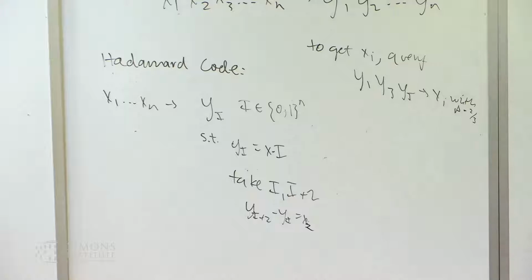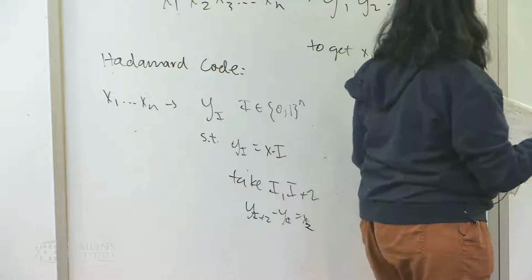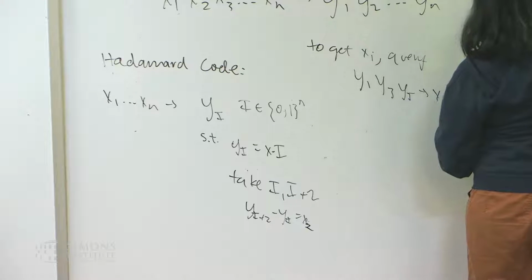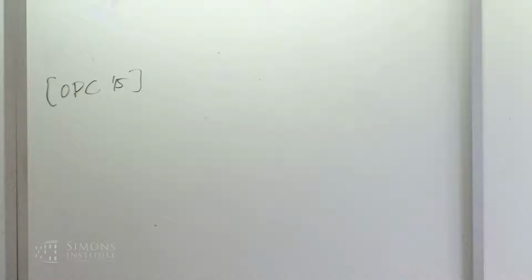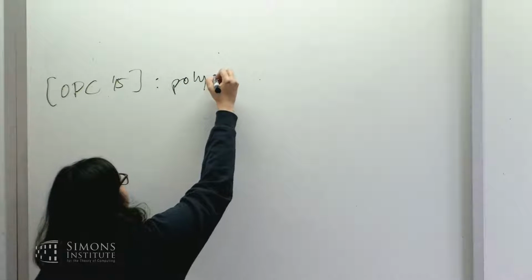So let me quickly talk a little bit about the background of what is known, or what research has been done on this problem. The first work in this area was by Ostrovsky and Paskin-Cherniavsky in 2015, where they showed polylog query insertion-deletion codes do exist.